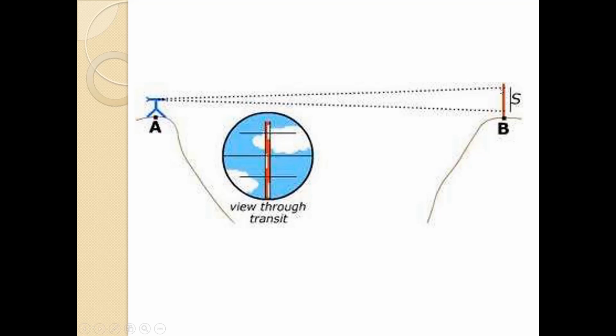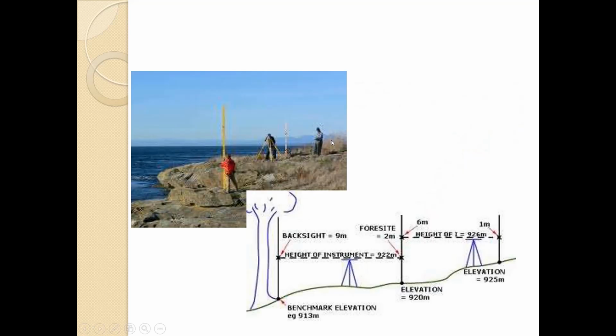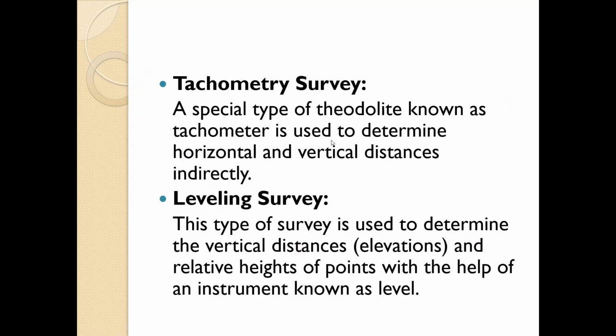So we will have three readings: one here, one here, and one here. We can prepare a triangle like this, and by using some geometry and trigonometry we can find this particular distance. This is called tachometry. In the same way we can find the vertical distances using trigonometry and geometry. This way the tachometric survey can be done.